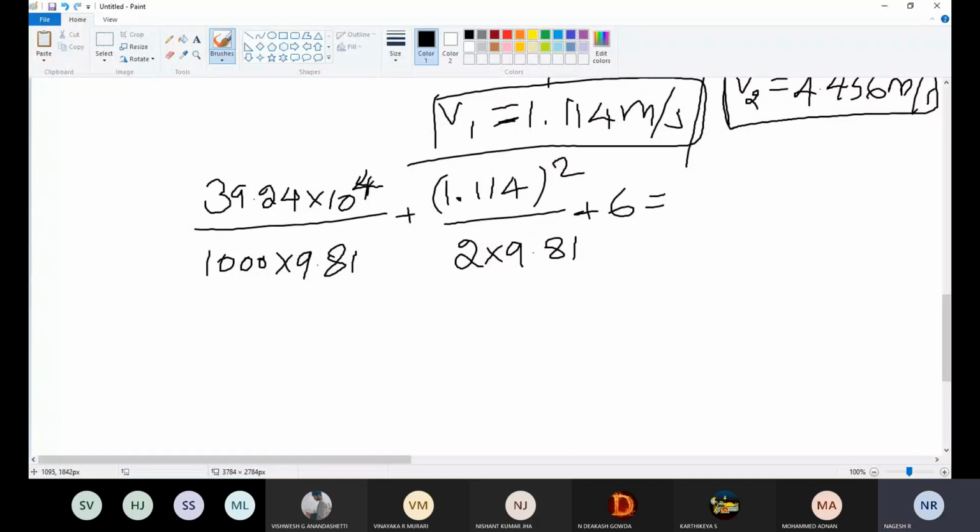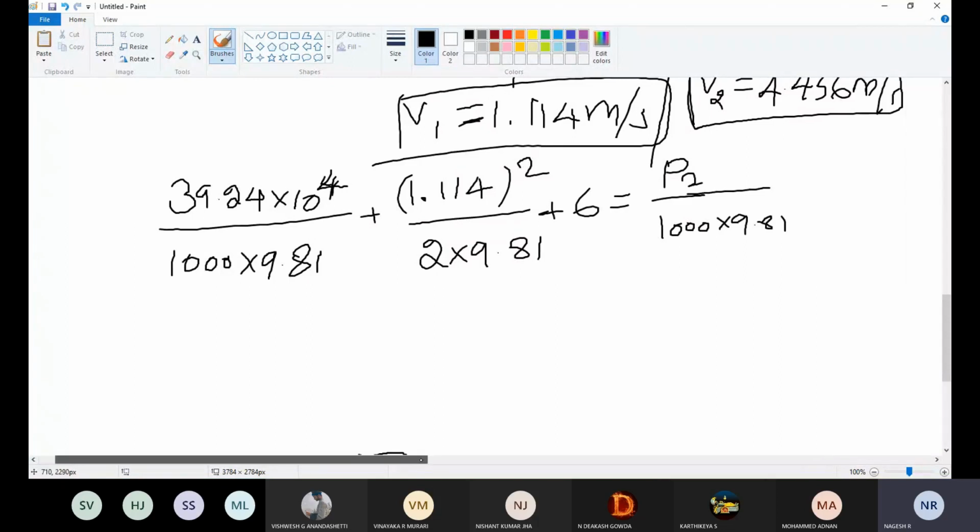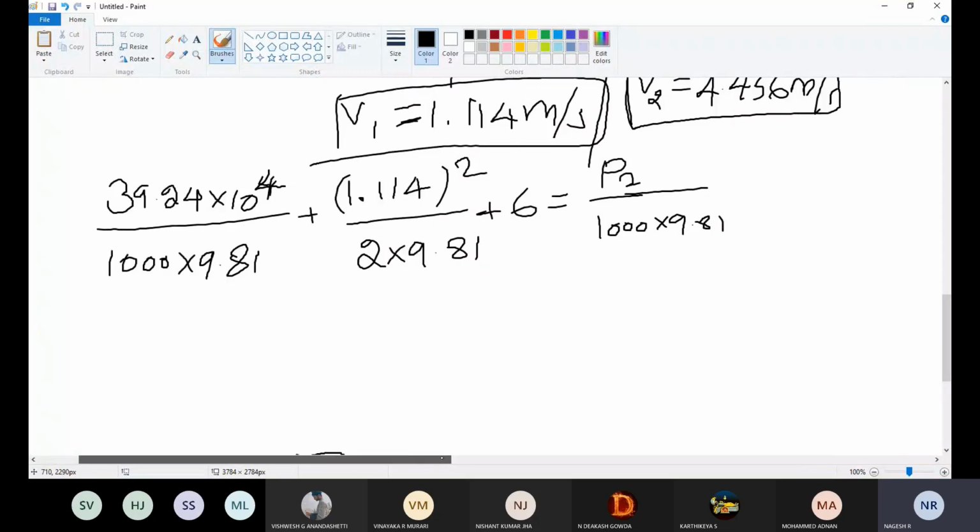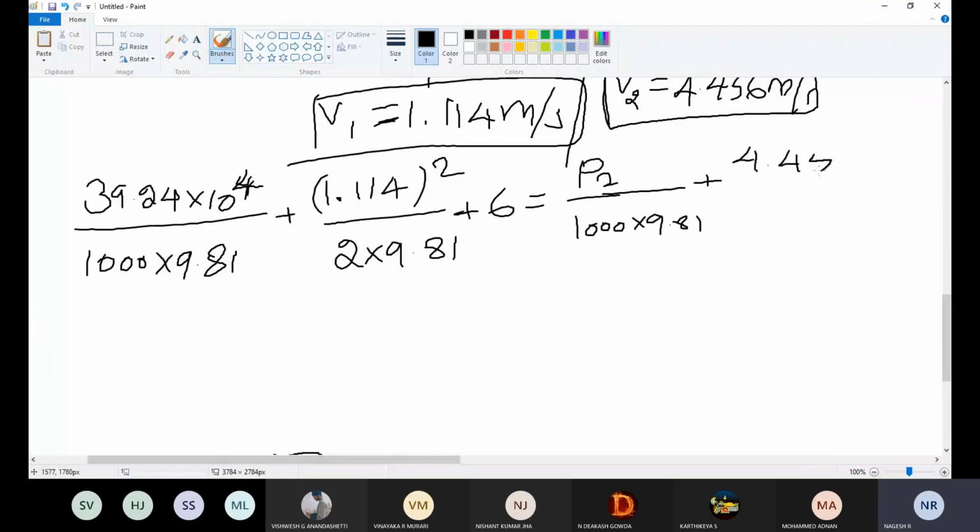Is equal to P2 divided by rho, which is 1000 into 9.81, plus V2, which is 4.45 whole square divided by 2 into g, 9.81, plus Z2, which is 4. Now I have all the values except P2. You tell me what is the value of P2.